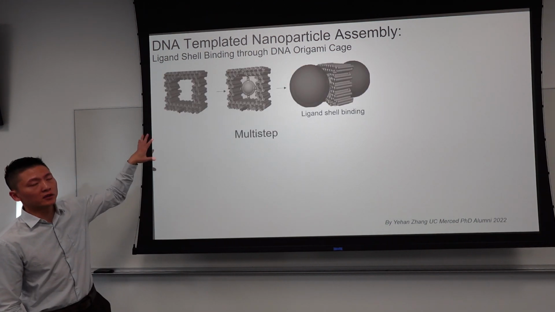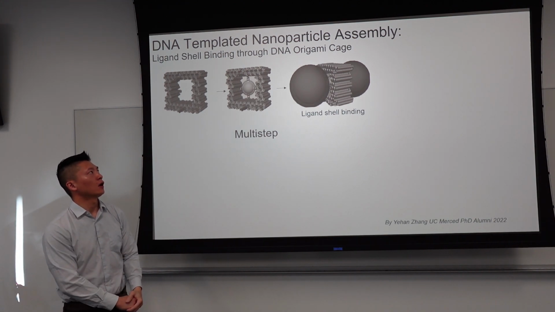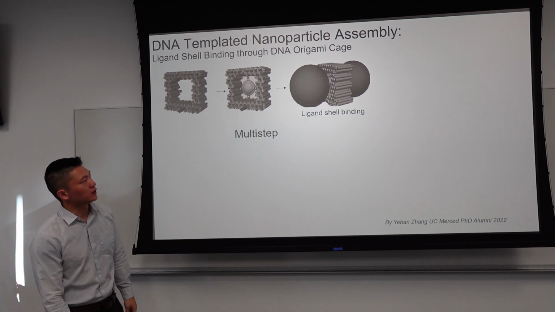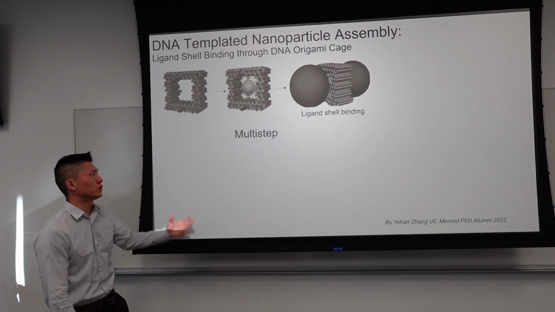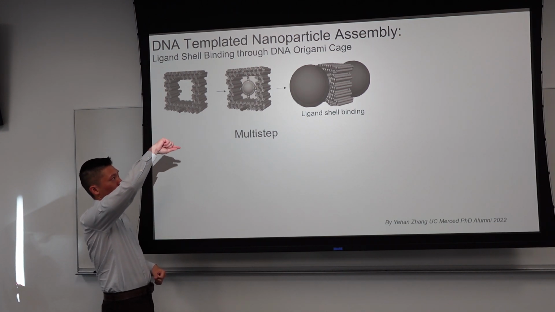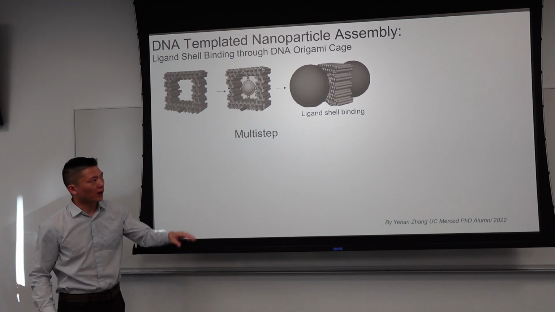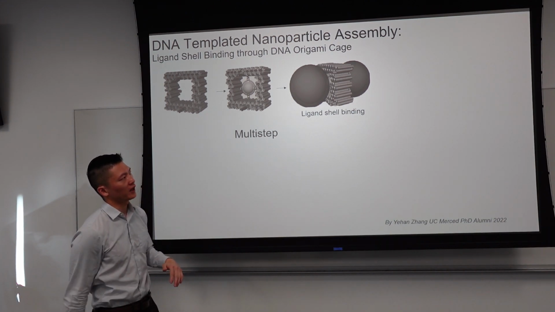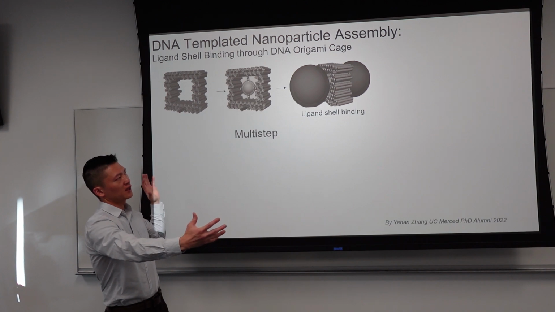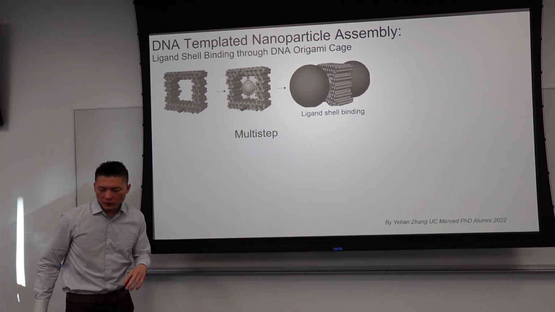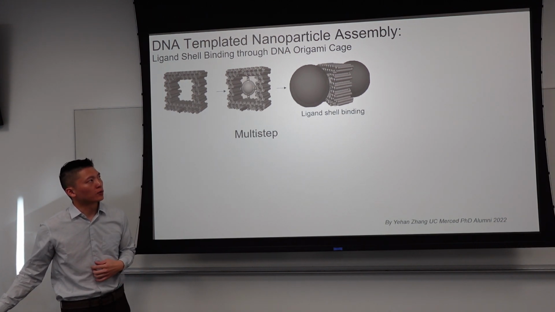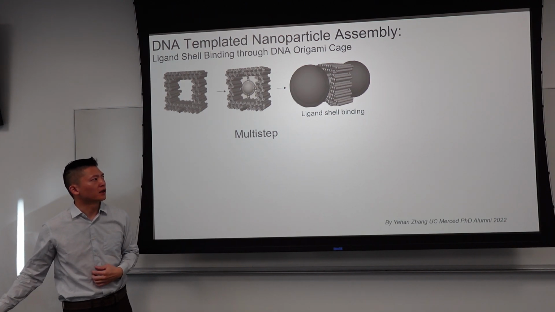In his design, he created a DNA origami cage, as you can see here, and one of the first steps is to encapsulate a nanoparticle inside the cage. We call this encapsulation. As you can see, there are the 4 tether points. This is followed by ligand shell binding, and in this case, because there are 2 openings of the cage, you may attach 2 larger nanoparticles, and this would create a collinear trimer assembly via ligand shell hybridization, or ligand shell binding.